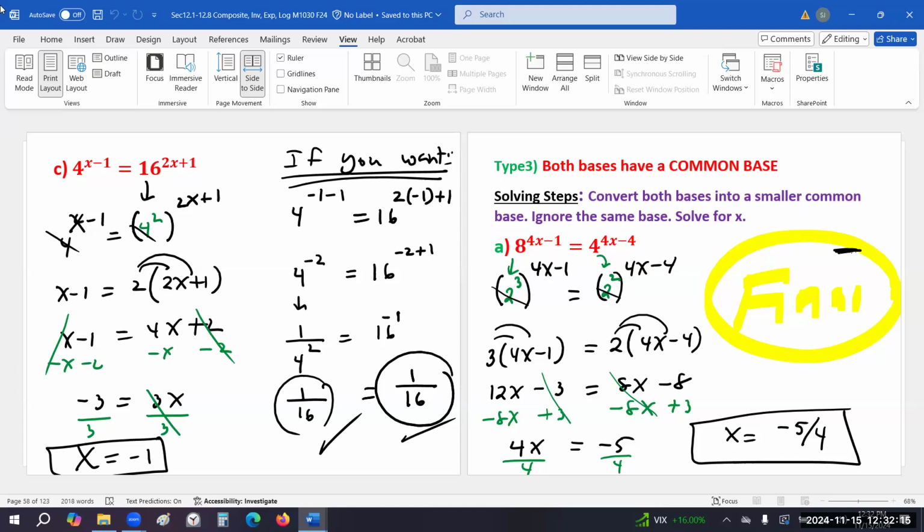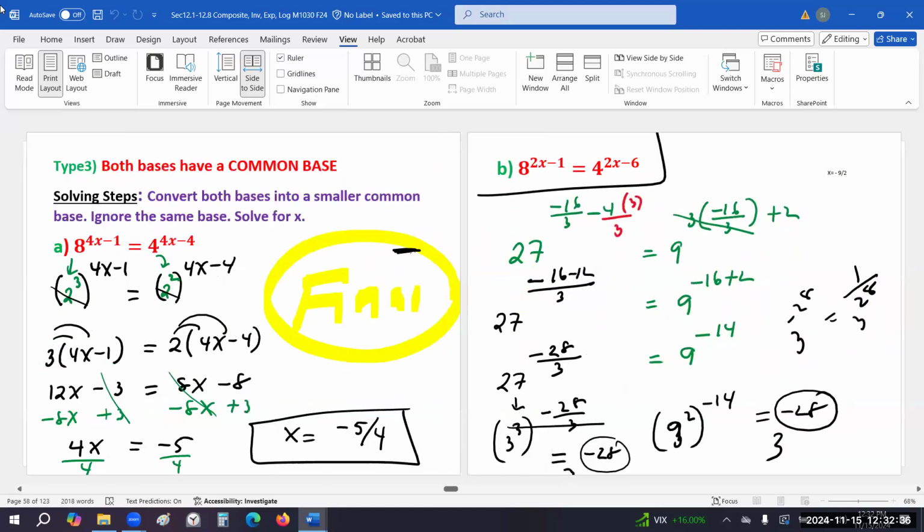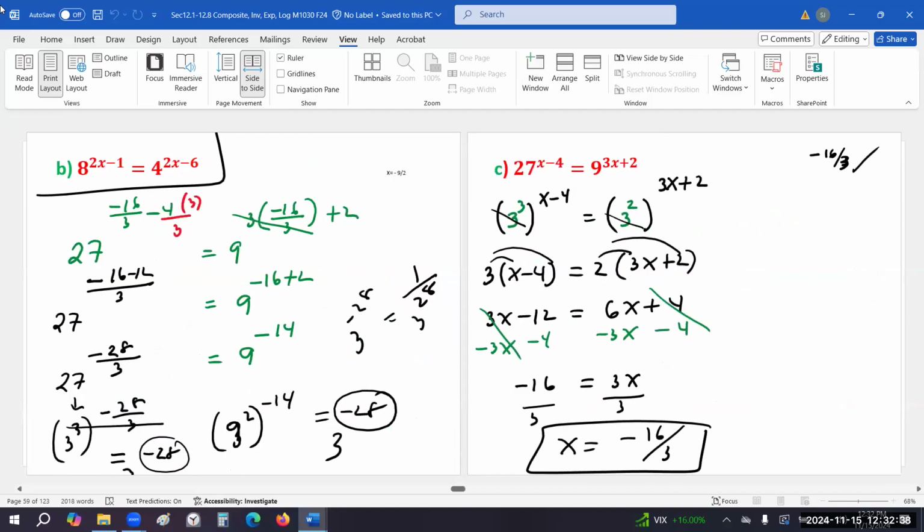For example, 8 is 2 cube and 4 is 2 square. So we rewrite them using the base 2. So when you have the same base, we cancel them. And just like the previous one, 2 powers together means multiplying. So we set the 2 powers equal to one another and algebraically solve for x. And we did few examples on this.